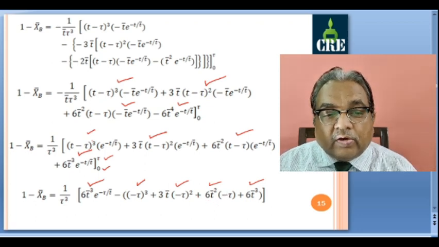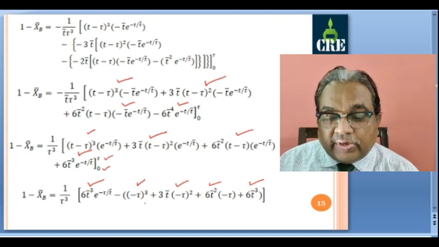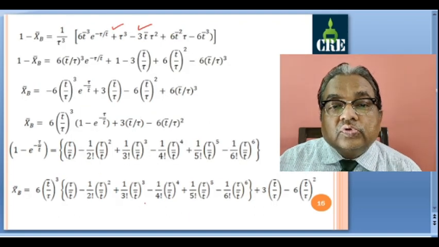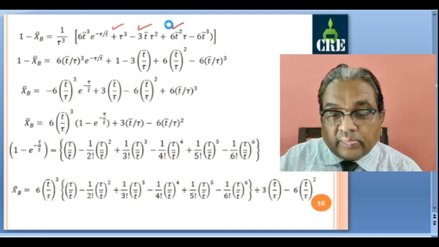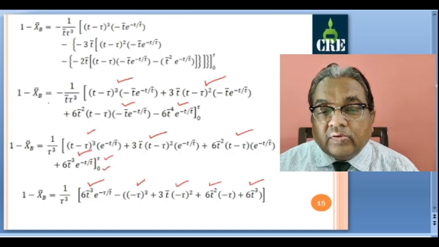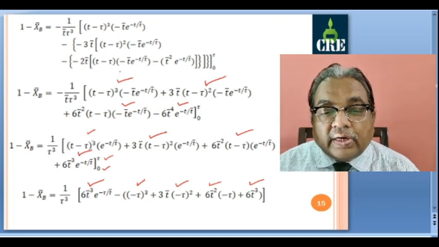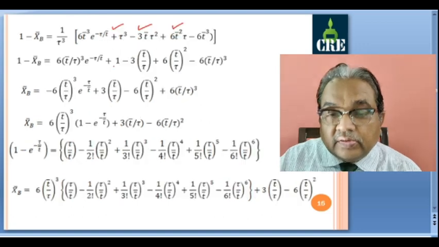This minus sign I have, so minus minus becomes plus 6t bar square tau. And the last term I have 6t bar cube, and outside the bracket I have minus sign.